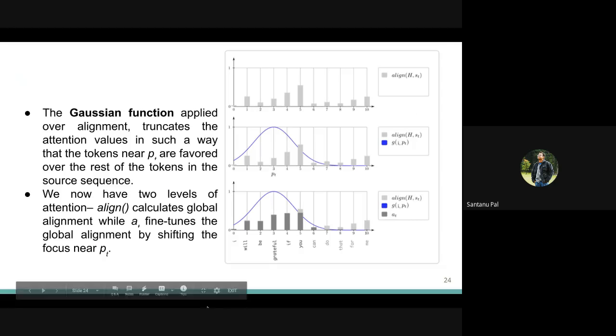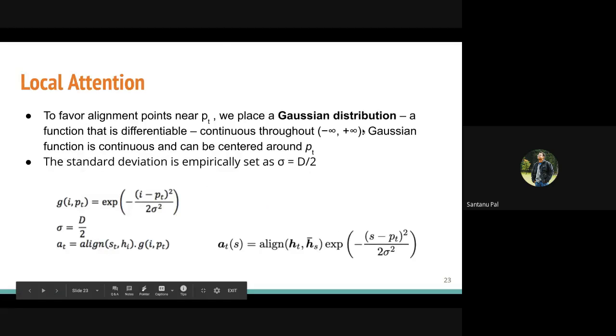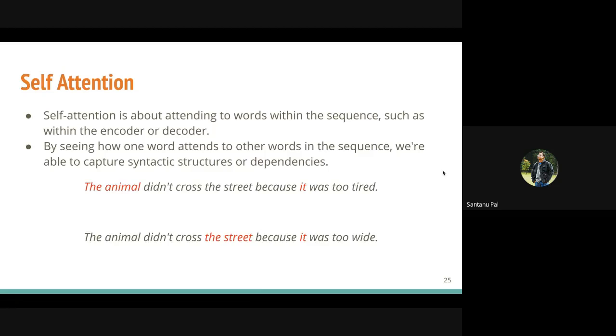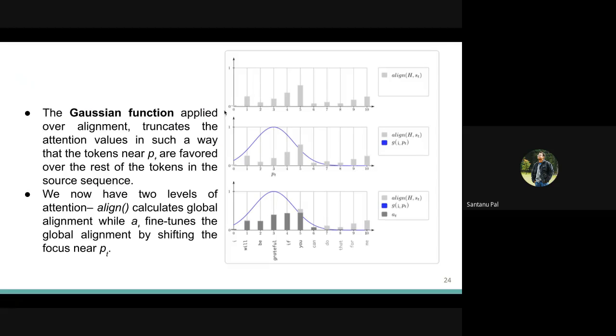Now what is it doing in the attention function? If you see the alignment weights between h_t and h_s, here you can see the weights between 0 and 1. Let's say here 5 is the highest probability, and then you multiply with the Gaussian function, which is a bell-shaped curve.